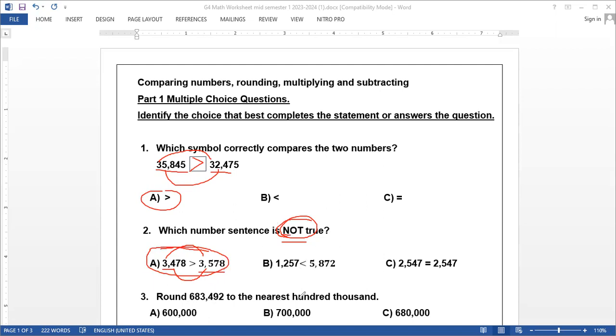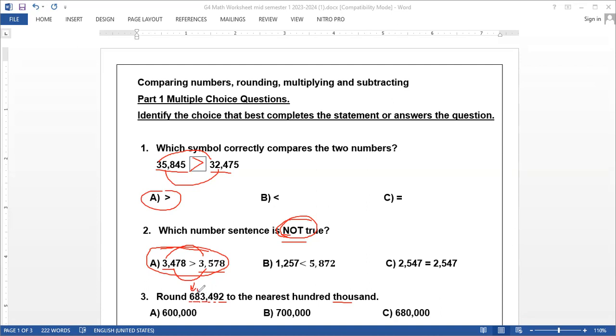Round this number to the nearest 100,000. First, I need to identify the rounding digit, which is 100,000. So this is ones, tens, hundreds, thousands, 10,000, 100,000. This is the rounding digit. I look at the digit on the right. If it's 5 or more, don't ignore.